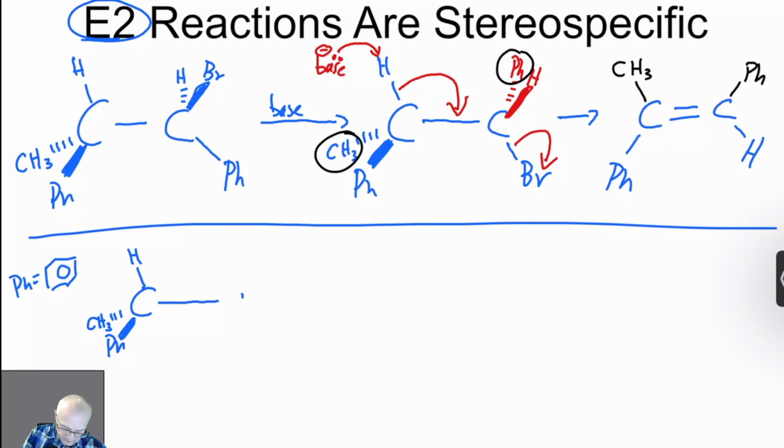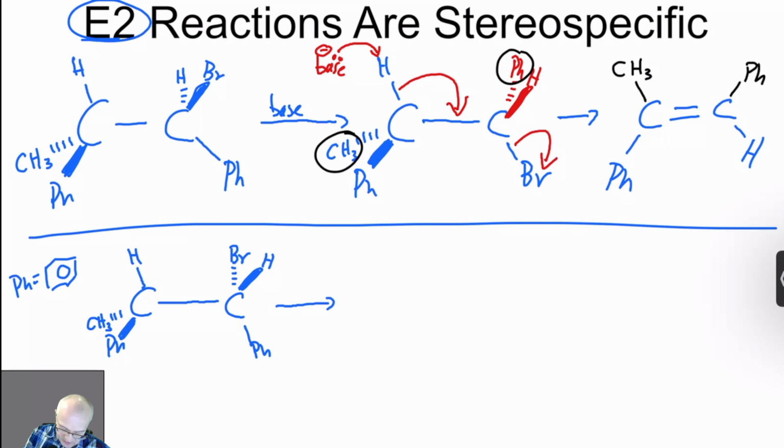All I'm going to do is put the hydrogen where the bromine is and the bromine where the hydrogen is. That's it. But remember, now we have to put the bromine down here where the phenyl ring is, right? So to do that, we have to rotate it this way. So the bromine is going to go where the phenyl is. The phenyl is going to go where the hydrogen was. And the hydrogen is going to go where the bromine was. Everyone's going to change positions. Okay? Let's do that.